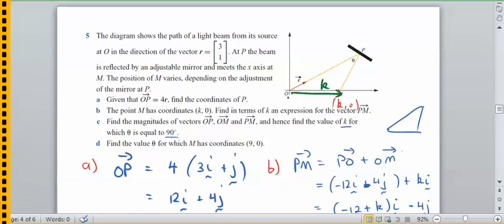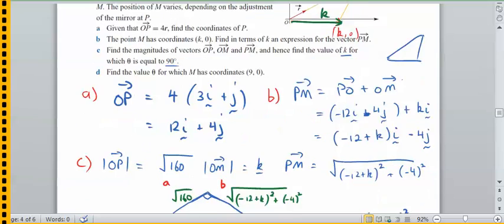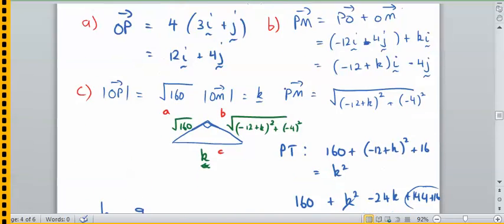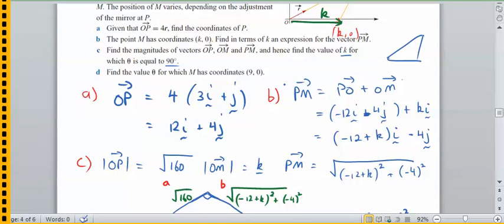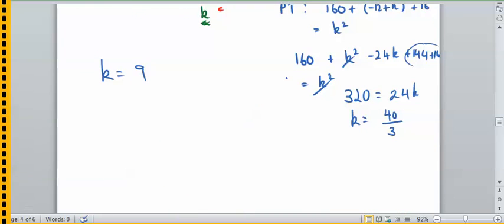Is OP the same? It is, yeah? So is it always the same? So I'd like you to have a go at that.